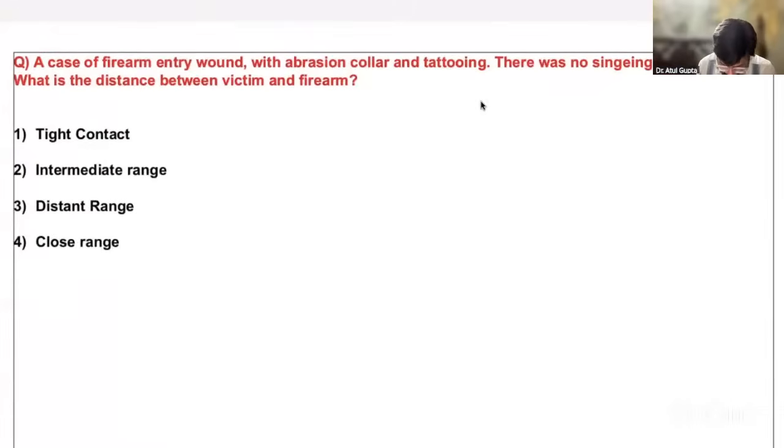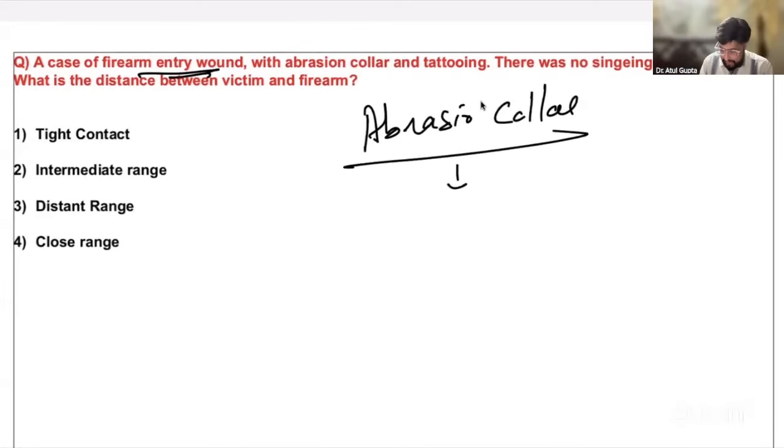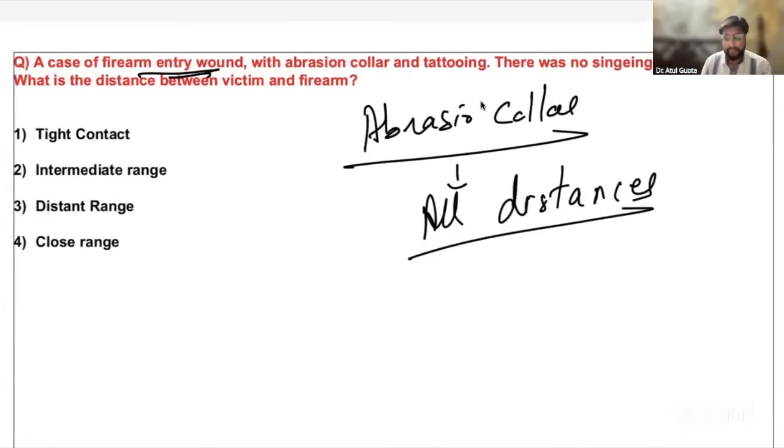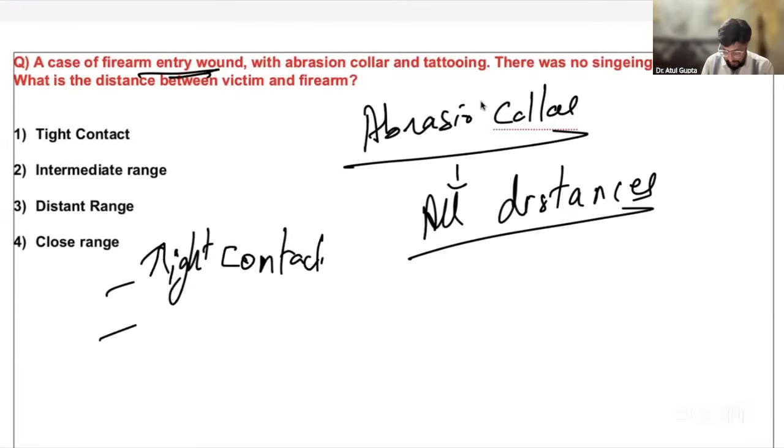Okay. Here, please remember abrasion collar. This is a firearm entry wound. Abrasion collar is present at all distances, so this does not help. But please remember, if we have choices like tight contact and close contact, what's the difference between these two?